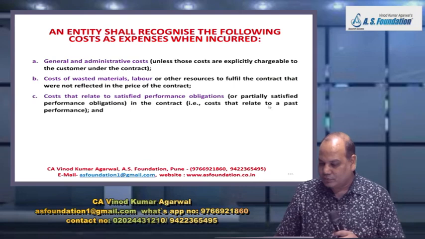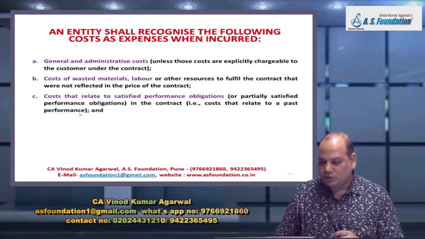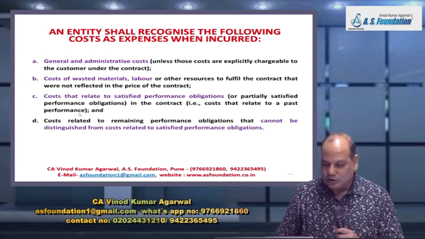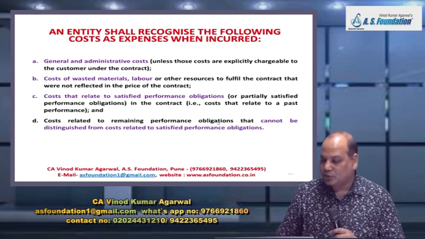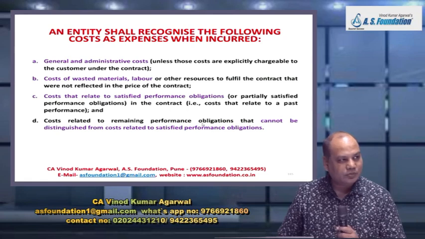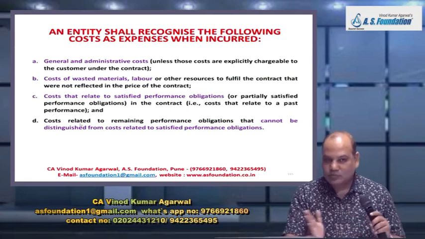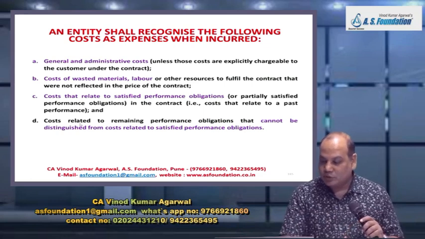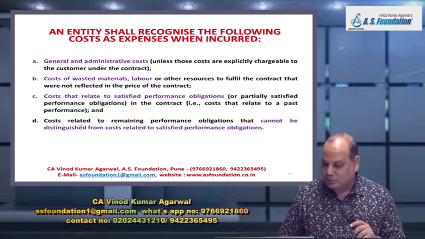For example, costs that relate to past performance, previous performance, ignore. And similarly, costs related to remaining performance obligation that cannot be distinguished from the costs related to satisfied performance obligation. So future cost is also ignored. Cost already related to satisfied performance obligation will not be considered, and cost relating to remaining performance obligation.